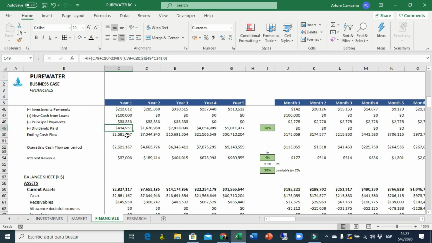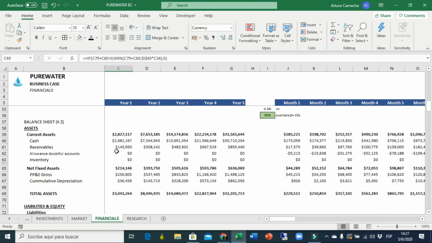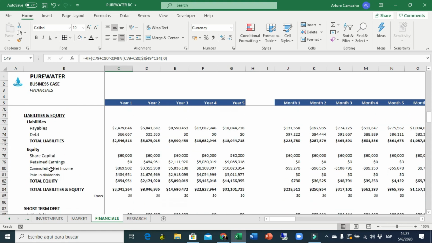What I ask for is if this sum, whatever the retained earnings plus the cumulative of the net income is, is positive, then it means that you didn't have any loss in the previous year and you start getting net income, and that you should somehow distribute that to the stockholders.